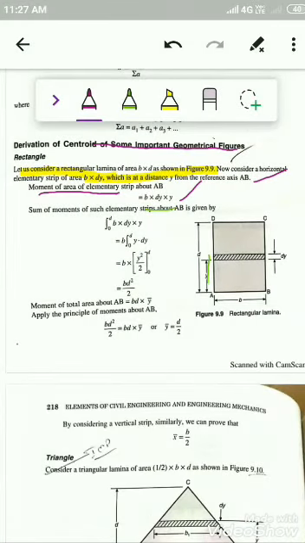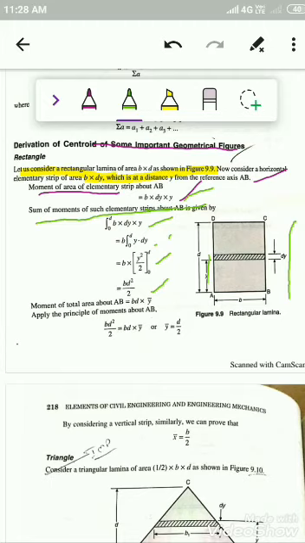Now in the entire rectangle we have n number of strips. You have considered only one strip for the calculation. Therefore, the sum of the moments of such elementary strips, if you need to calculate the whole, is found by integrating the equation under the limits, where the total depth of this rectangle is D, so from 0 to D. Take B outside, integrate y into dy, and the integration of y is y square divided by 2.